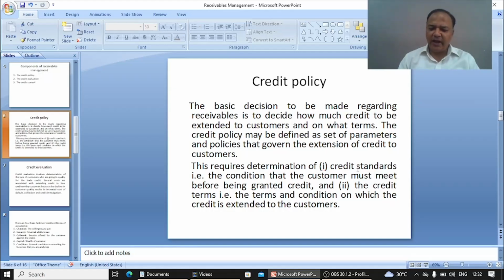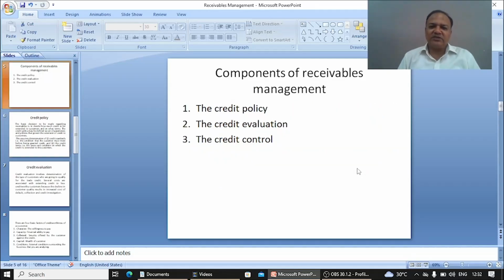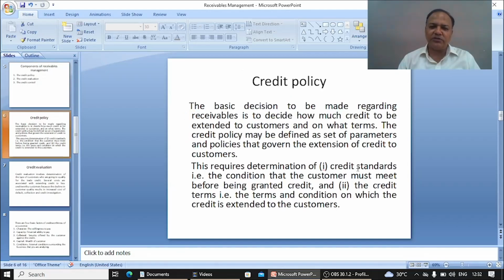So, in the last slide, we discussed the components. The components were credit policy, credit evaluation, and credit control. Now we are talking about the credit policy. Credit policy is the decision regarding the credit given to customers.